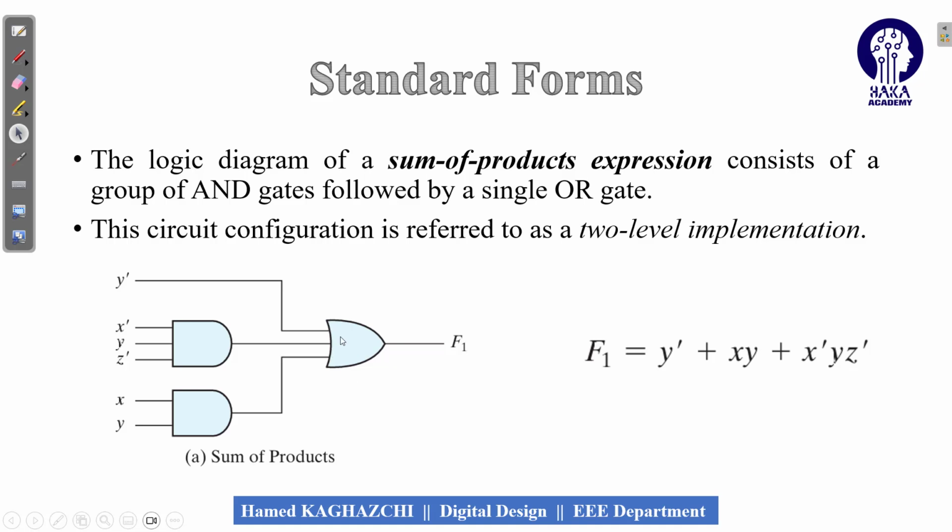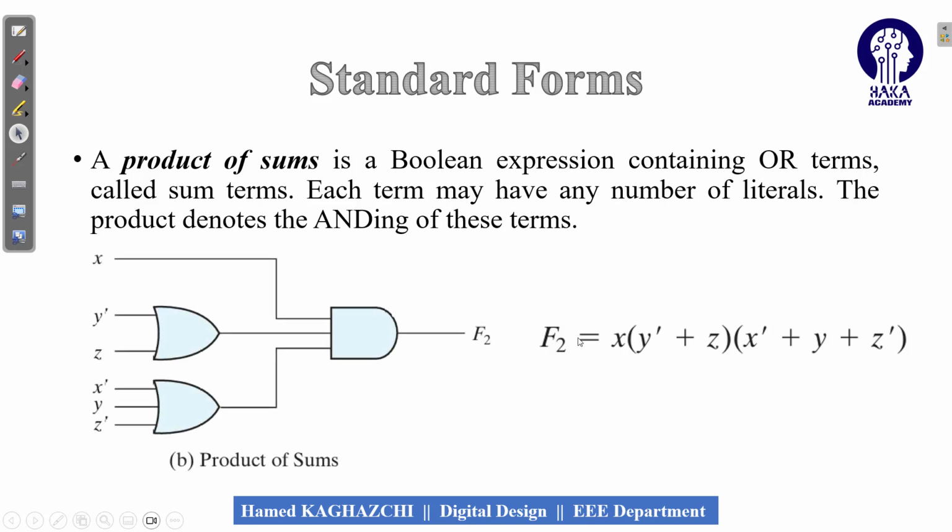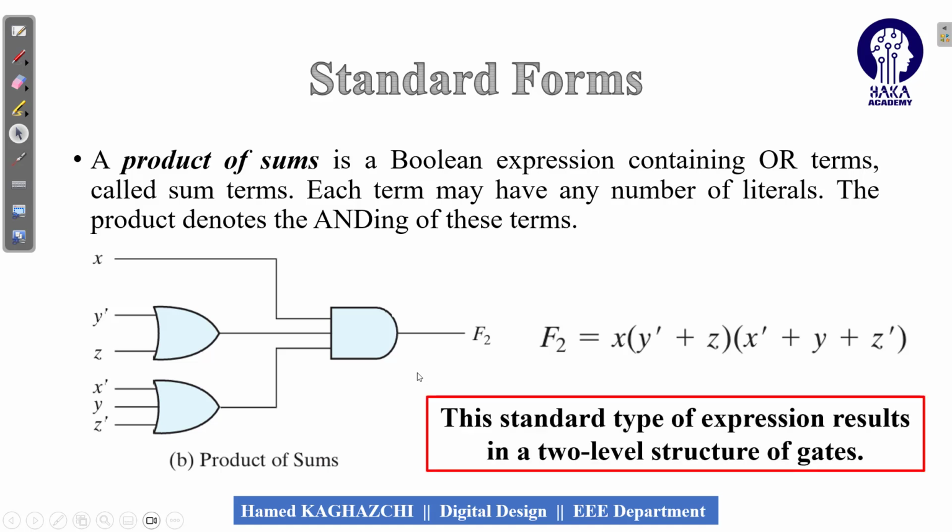Similarly, for the case of the product of sum, if we have something like that, again, these are not the max terms, and we can implement these two in this form, OR, and AND. So you can see that we can redraw the circuits of the SOP or POS in the form of a two-level structure of gates.